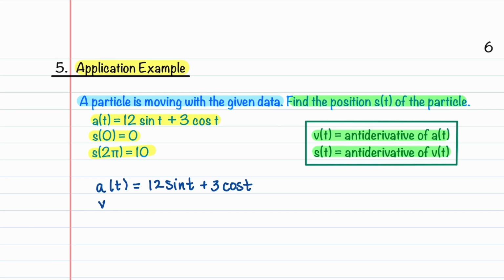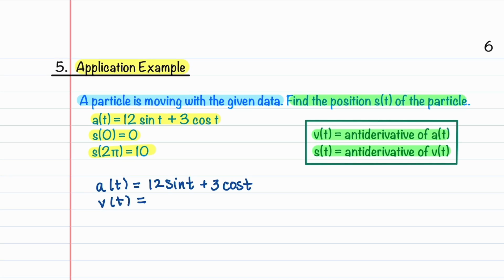And now we can find our velocity. It is the antiderivative of the acceleration, so that's 12 times the antiderivative of sine t, which is minus cosine t, plus 3 times the antiderivative of cosine, and that's equal to sine t.